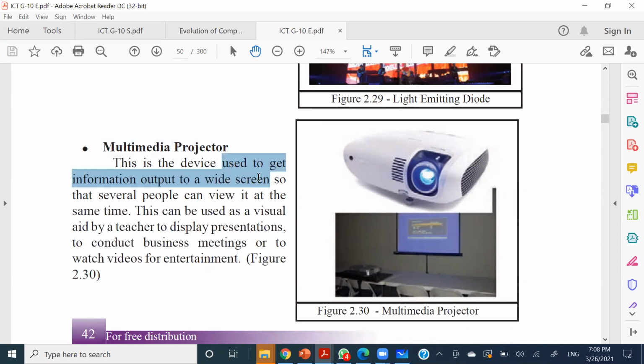This is the first point: used to get information output to a wide screen.